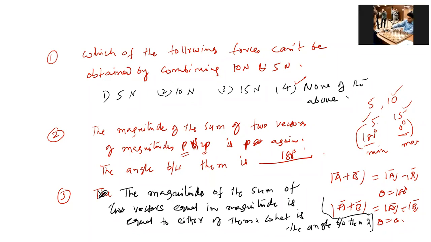Sir, the question tells that the sum of both the equal vectors. Don't say equal vectors. Equal vectors is different from equal in magnitude. Yes, sir. That's why I was very accurate in writing. So that looks a little formidable in the beginning, the English, right? So their sum is equal to their magnitude, sir.